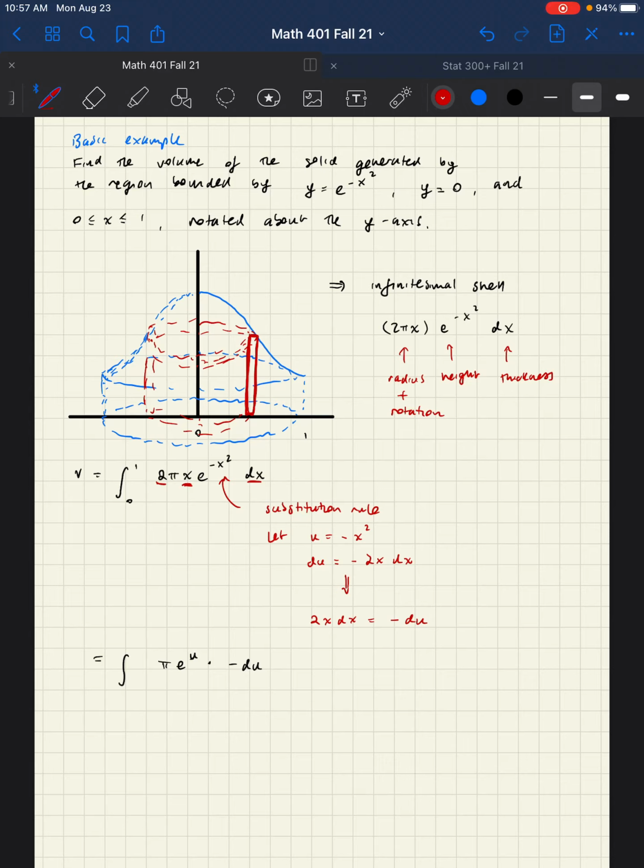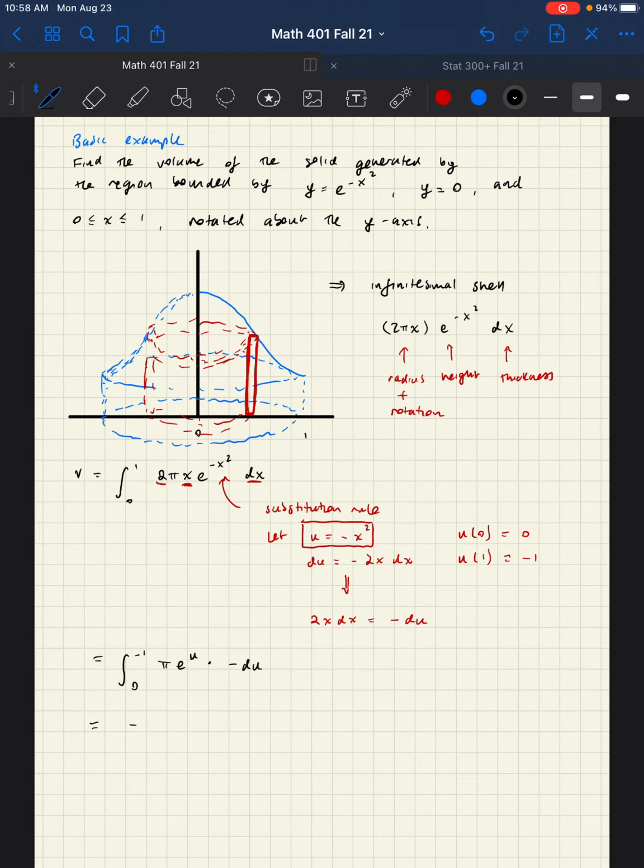So 0 and 1, if we transform them, we're just going to plug them in for x in this relationship right here. In other words, u of 0 is going to be 0, and u of 1 is going to be negative 1. So that's what our new limits of integration are going to be.